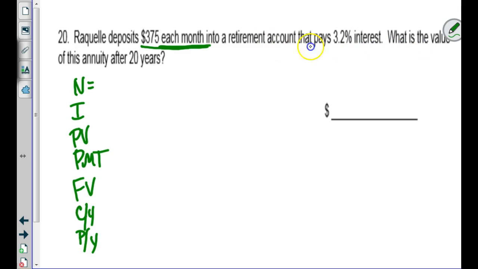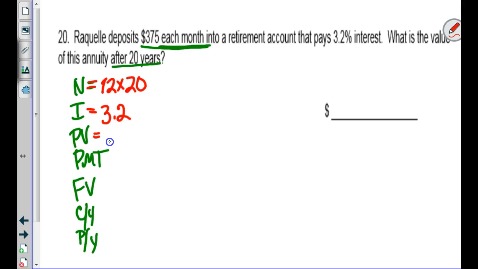It pays 3.2% interest. What is the value after 20 years? Okay. Who wants to tell me what to fill in here? N is, okay, I is 3.2, not 0.032. PV is, no, guys.